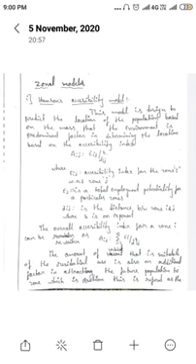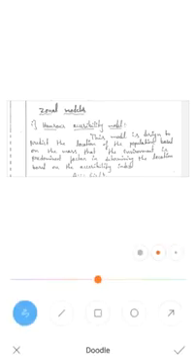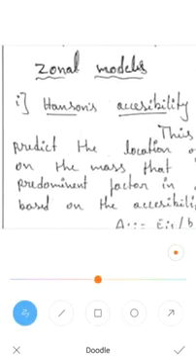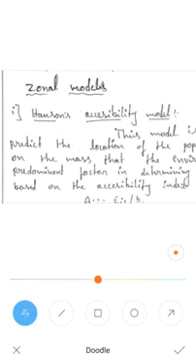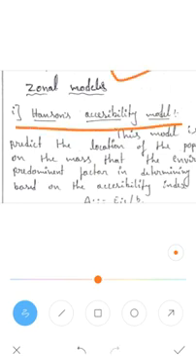Next we'll see zonal models. What are zonal models, and why will they be used? First in the zonal models, Hansen's accessibility models. What is this?